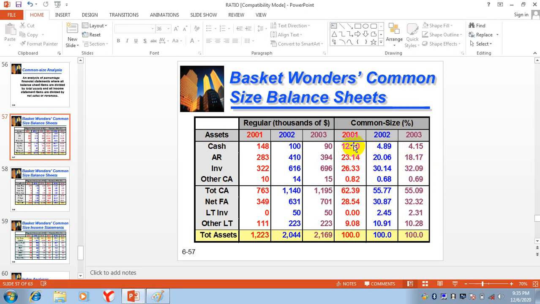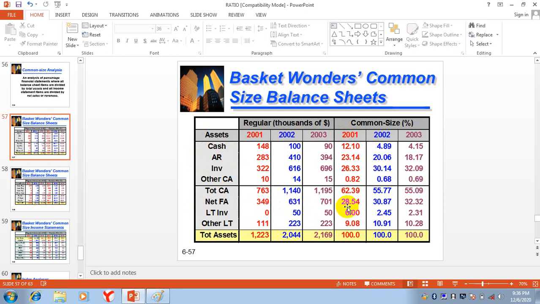So because of these two items, the net impact on total current assets also comes down, which is a good point, because now you are managing your current assets efficiently and effectively as compared to 2001.